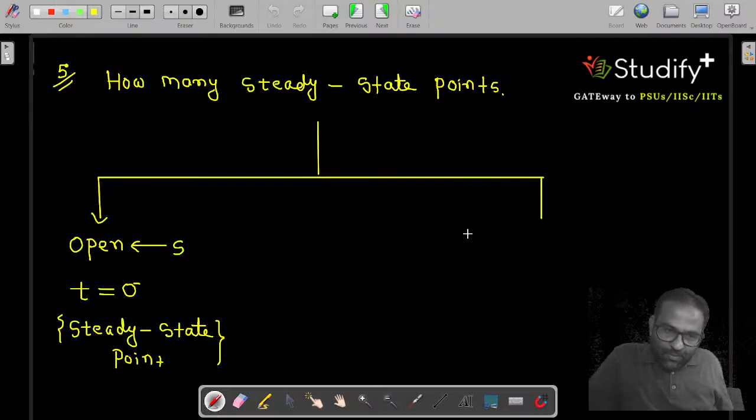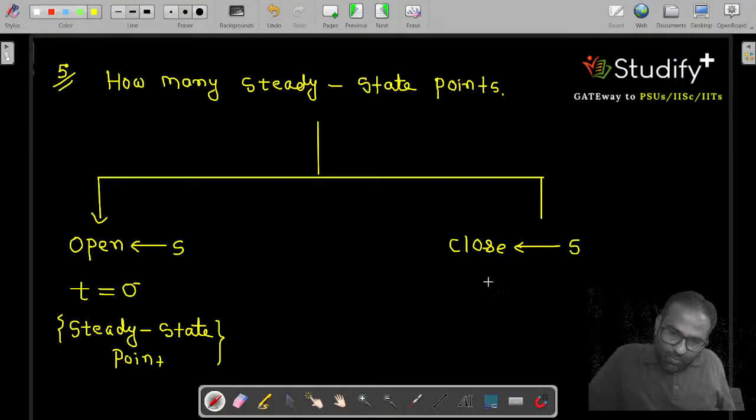So when switch S is closed, t equal to infinity is a steady state point.